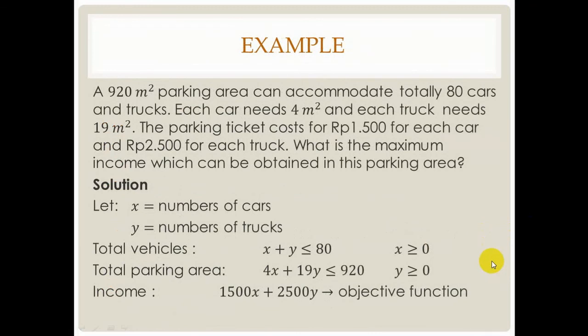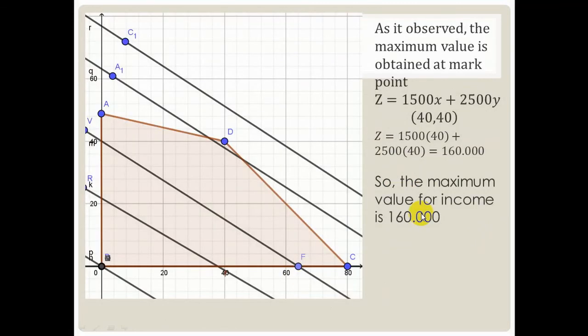I take the same equation because it asks for the maximum, so that means the sliding line goes up. Okay, so this is the same example as the previous one. From the previous example, we get the graph and then you need to slide the line, because they want the maximum, you need to slide it up until the line you are sliding touches the last point of the feasible region.